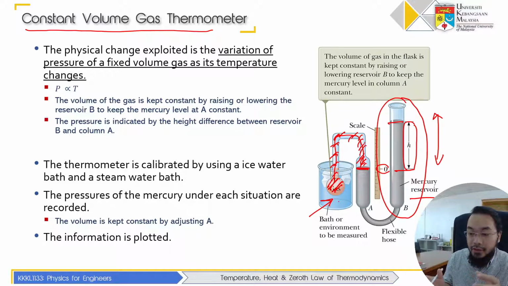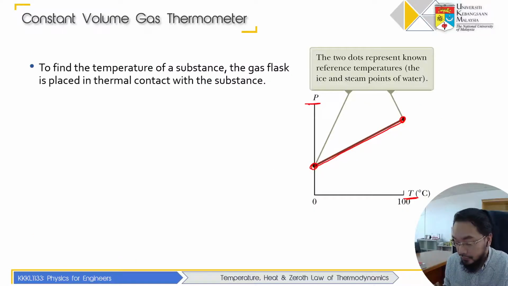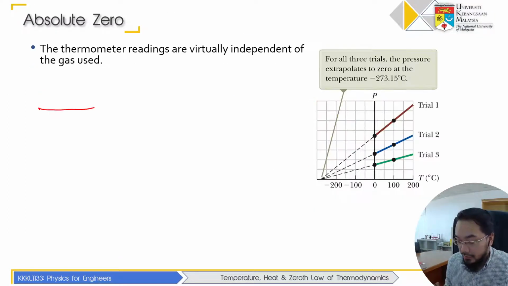For example, helium will expand, or will apply a different kind of pressure, at a temperature of 0 degrees Celsius compared to oxygen, for example. And oxygen is different from carbon dioxide and so on. So every gas will produce a different kind of P versus T graph. So in this particular example, let's say we have 3 trials, all 3 using 3 different gases.